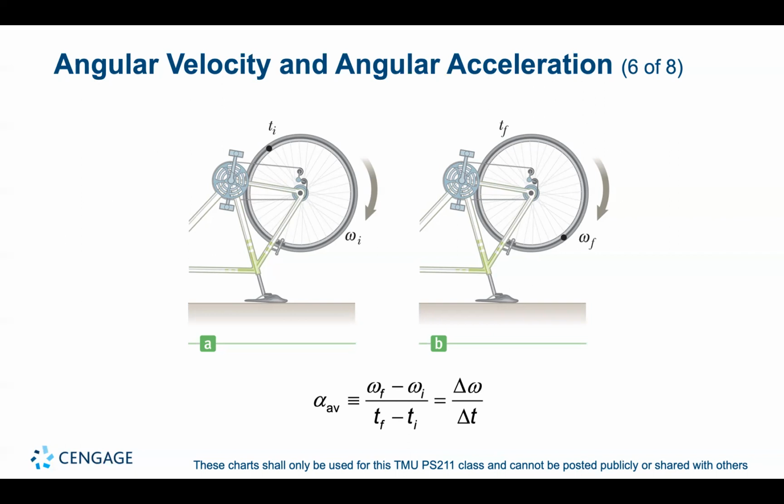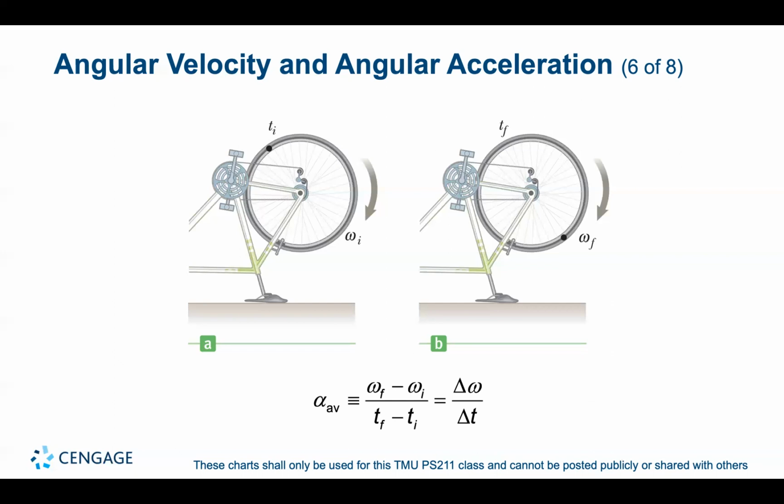The figure shows a bicycle turned upside down, so a repair technician can work on the rear wheel. The bicycle pedals are turning so that at time t I, the wheel has an angular velocity omega I, the figure on the left, and at a later time t f with angular velocity omega f, the figure on the right.